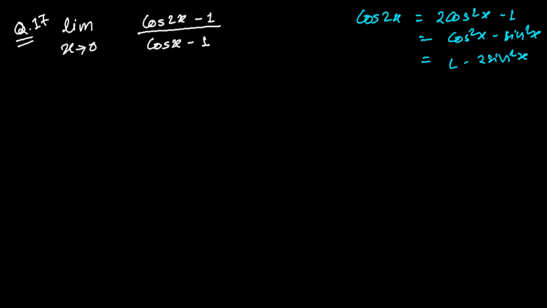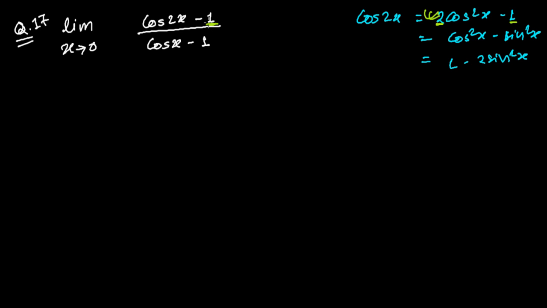And what will be the best suitable that we need to use here? See here, if I'm going to use this formula 2 cos square x minus 1, it will be 2 cos square x and minus 1, and this minus 1 which is initially here, this minus 1 will turn to minus 2 here, and here will be also 2.